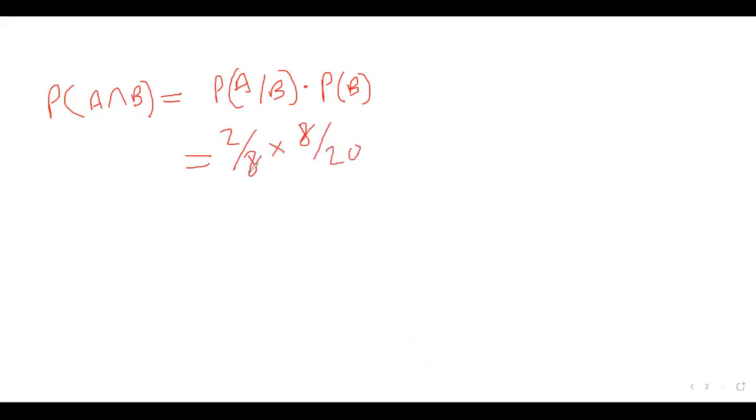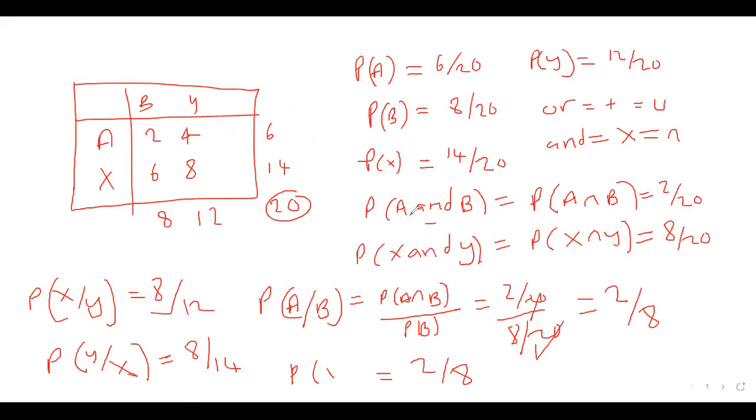This and this cancel, so we're going to have 2 over 20. Is that what we found for A intersection B? Let's check. We found 2 over 20. This is where the product comes in.